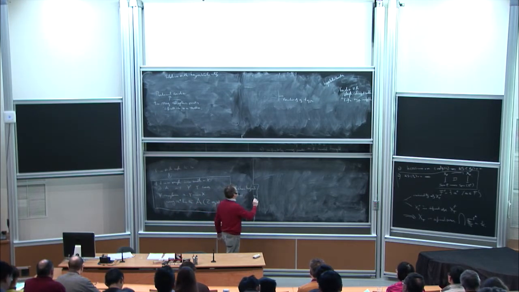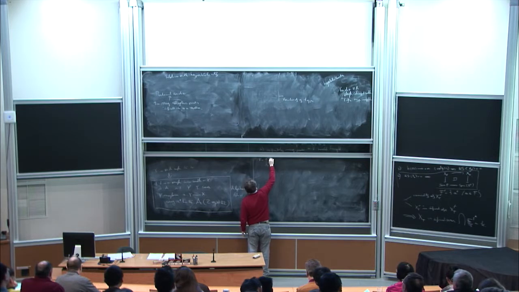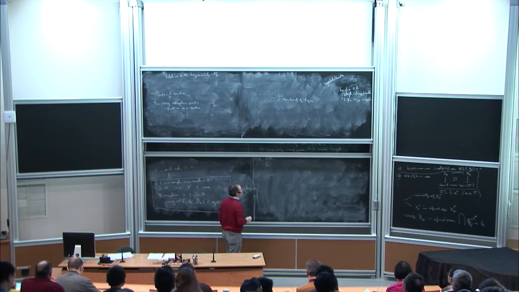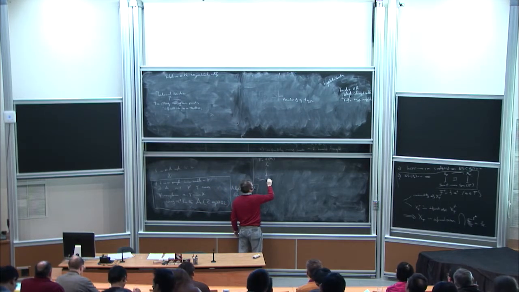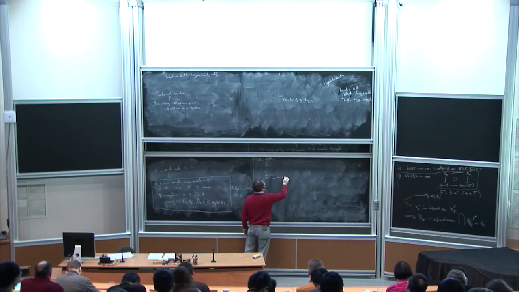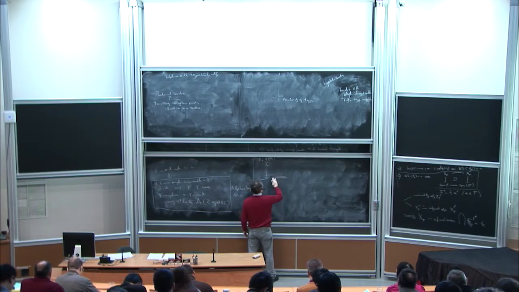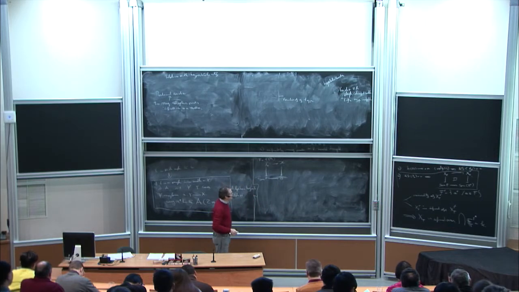Just to understand, suppose that F is again a field in characteristic 0, and I have X_F over Spec F, a variety, and then I have a model. This is a model.